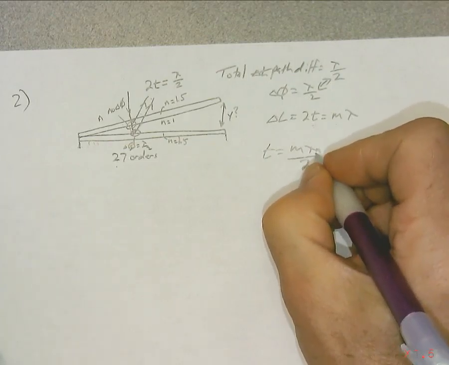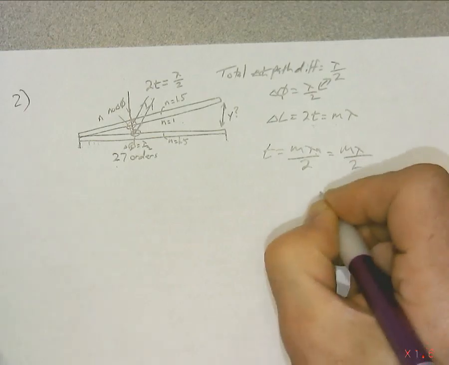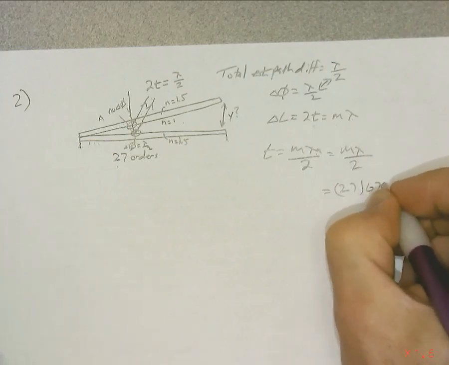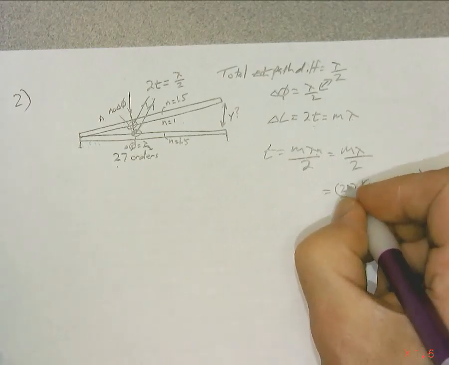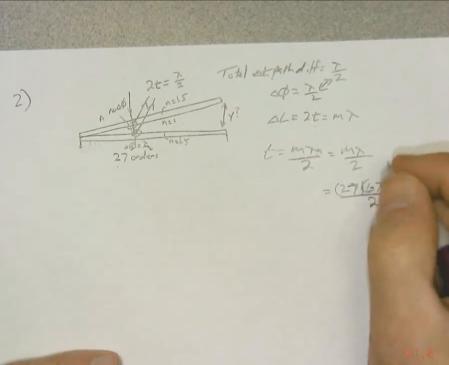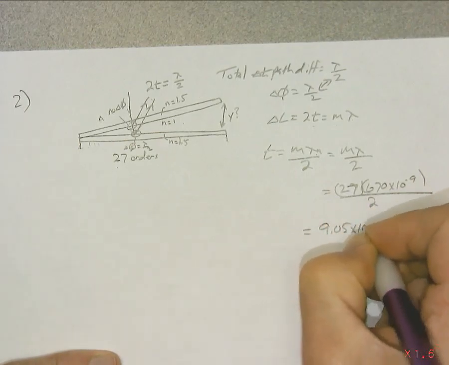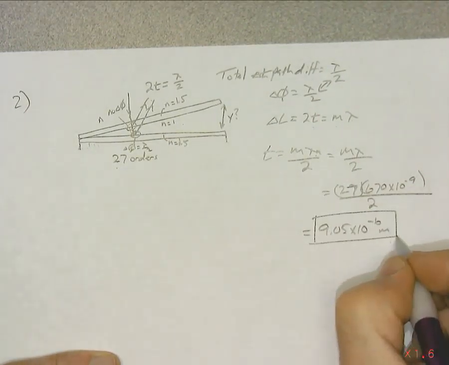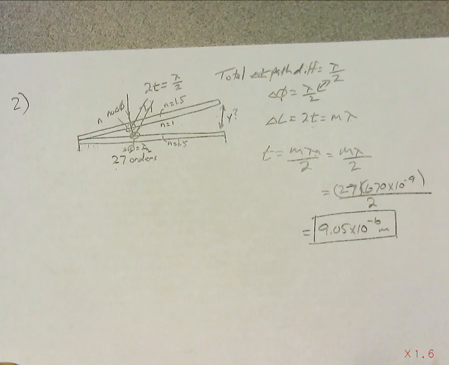But lambda sub n is air, so that's just equal to m lambda over 2, which is 27 times 670 times 10 to the negative 9 divided by 2, which gives us 9.05 times 10 to the negative 6 meters, or 9 micrometers. And that's how much one side has to be raised to get 27 little orders, a total of 28 dark lines.